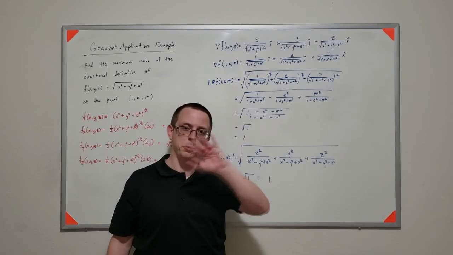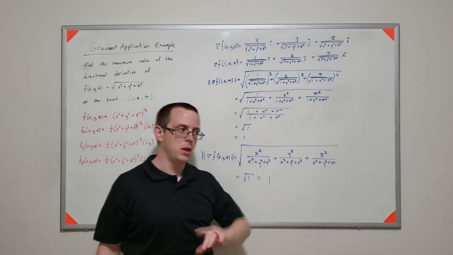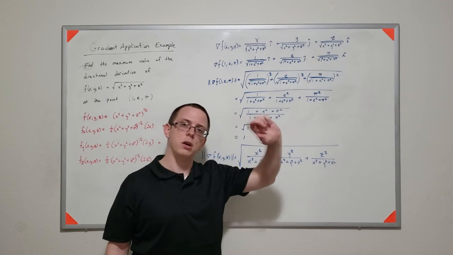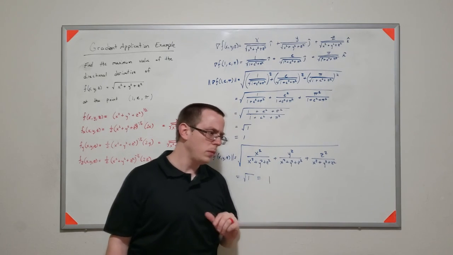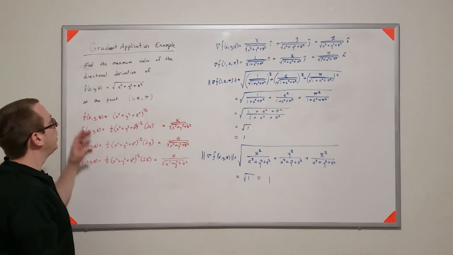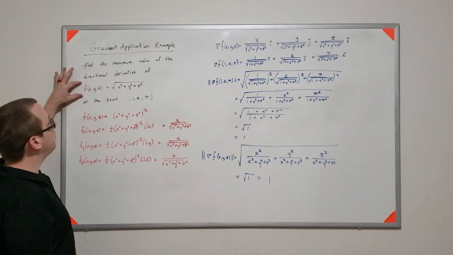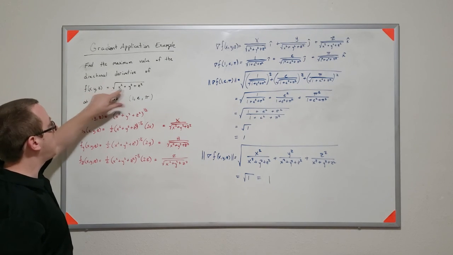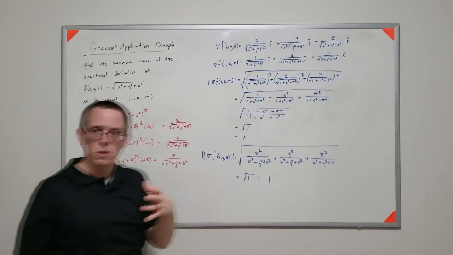So as long as you're following a very particular path, you will always have a constant speed of where you're going. Which makes sense, because if this right here is a fixed value, for instance, then this is actually the equation of a sphere.